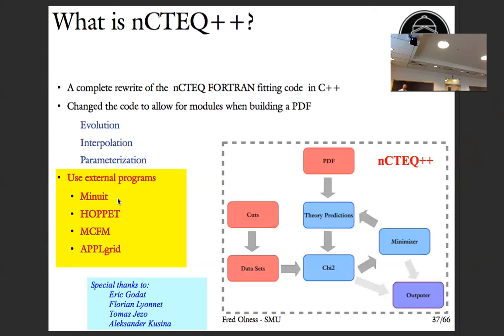And HOPPET, instead of an internal code that we wrote, we used HOPPET, actually a modified version, so it could deal with multiple grids at the same time. That's how we handle the multiple nuclei. But along with it, we added modules for the MCFM program and APPLgrid. And so this is the very structure, I should say. These are the postdocs and others who contributed to that.